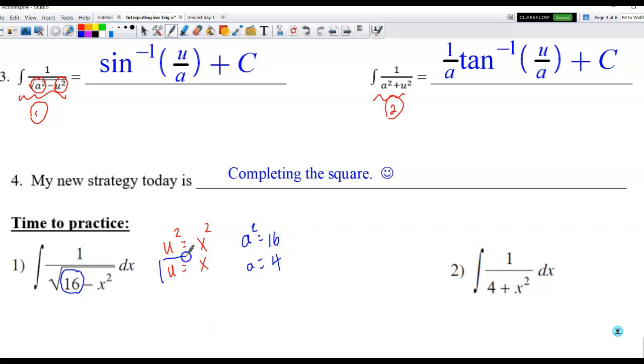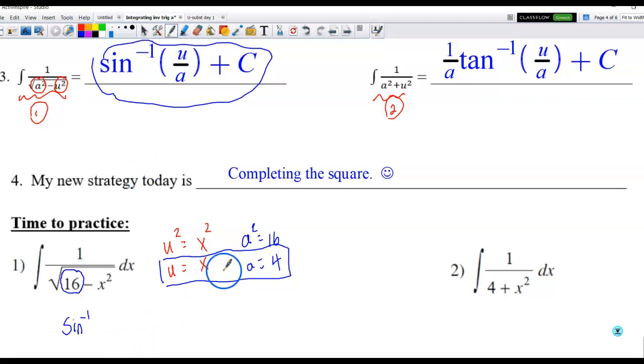So I have my x and my a, and once I realize I have the correct format, I realize then that the antiderivative of this function is inverse sine of u over a. Here's my formula up here. Inverse sine of u, which is x, over a, which is 4, plus c. Don't forget the c.